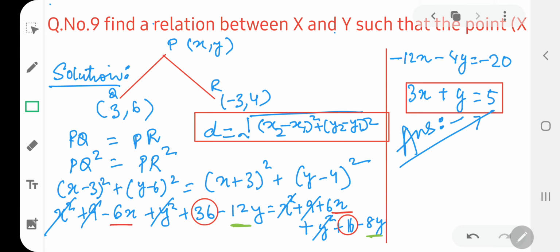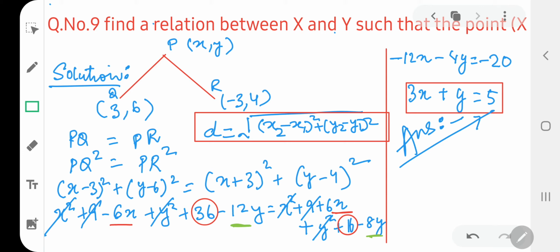So what I am doing is bringing the terms containing variables to the left hand side and taking the constant terms to the right hand side. So this is minus 6x, and when you bring this minus 6x to this side, it will also become negative. Minus 6x and minus 6x will give you minus 12x.